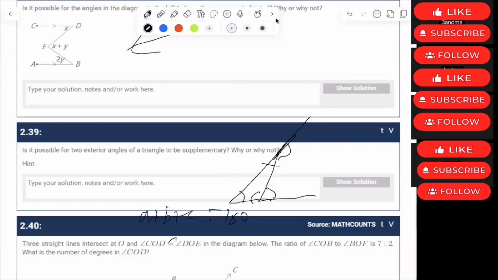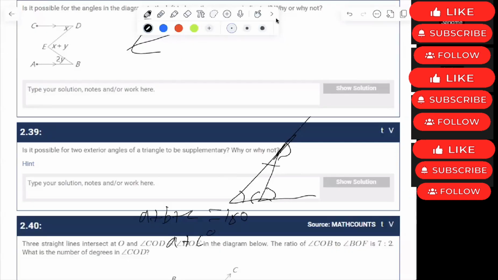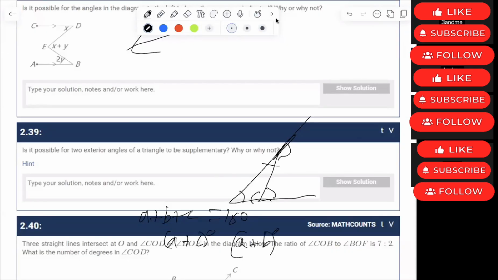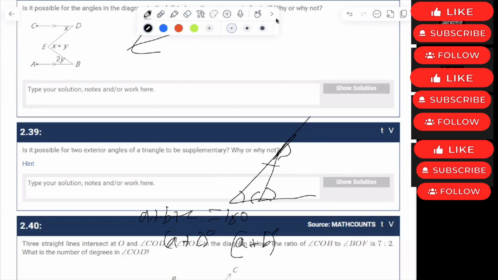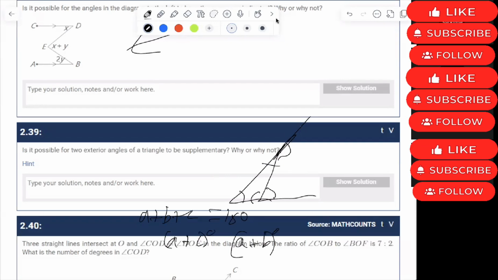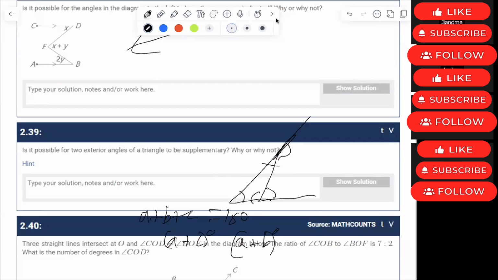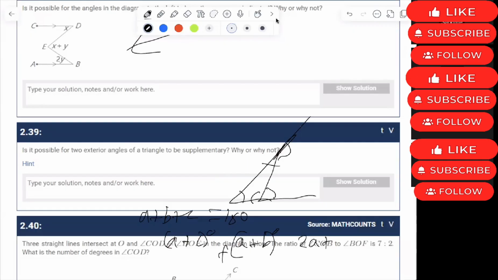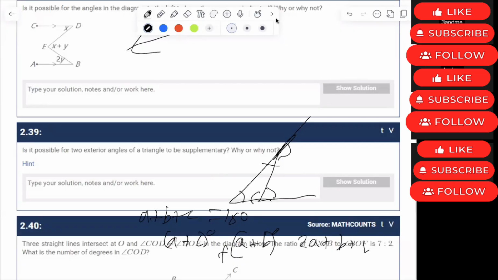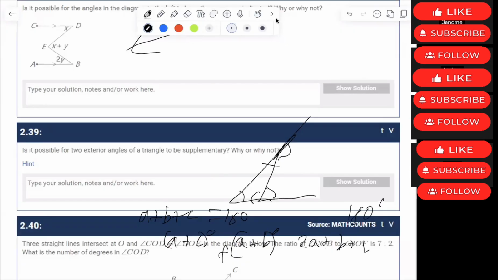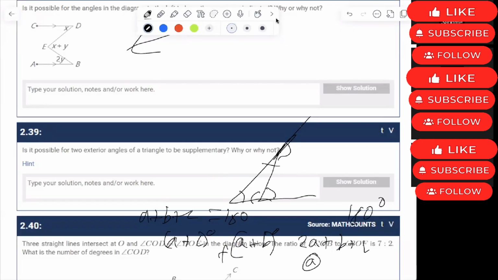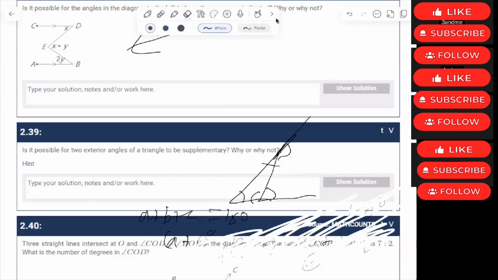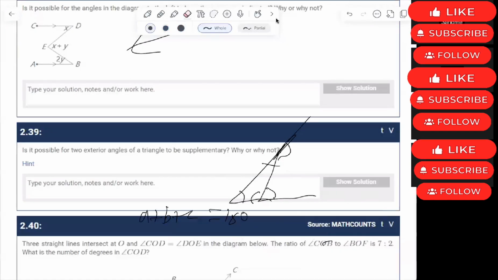Now, one of these is A plus C degrees, and one is A plus B degrees, since it's going to be 180 minus C and 180 minus B. Adding this up gives you 2A plus B plus C. Now, we have A plus B plus C, which is 180 degrees, but we have an extra A, so it's not possible for them to be supplementary. So the answer is no.